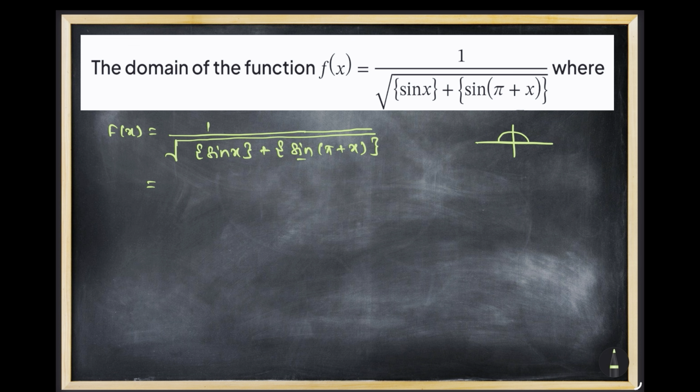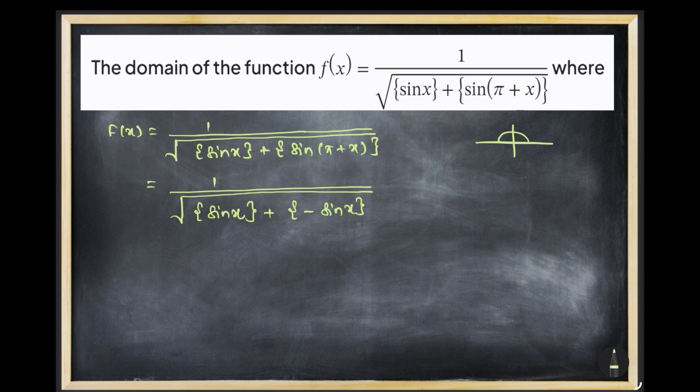In the third quadrant your sine is negative. So can I say that this thing is nothing but 1 by root over fractional part of sin x plus fractional part of minus sin x? Correct?